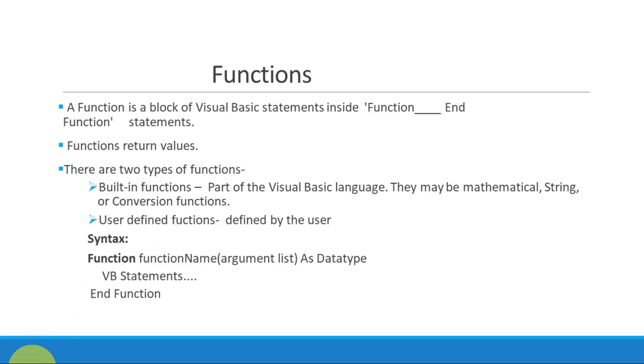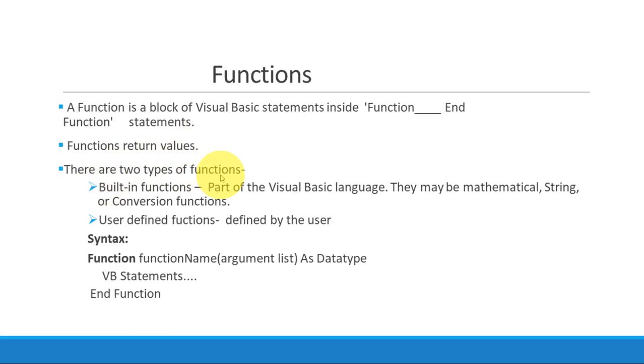Then next are functions. A function is a block of Visual Basic statements inside Function and End Function statements. Within these, we write the Visual Basic statements. A function always returns a value. It accepts parameters, but it also returns values.